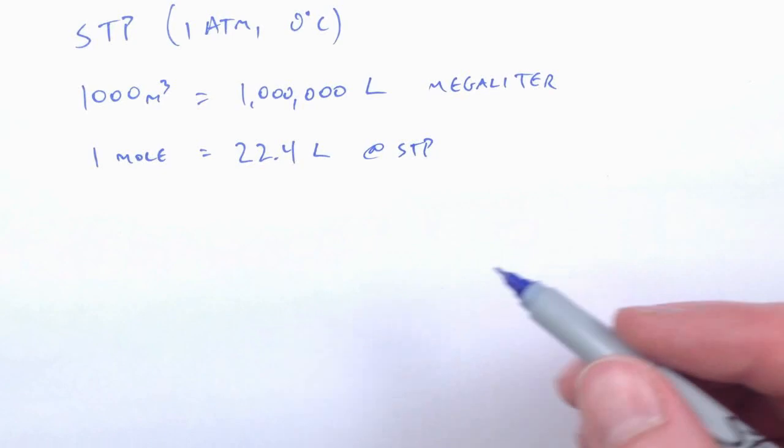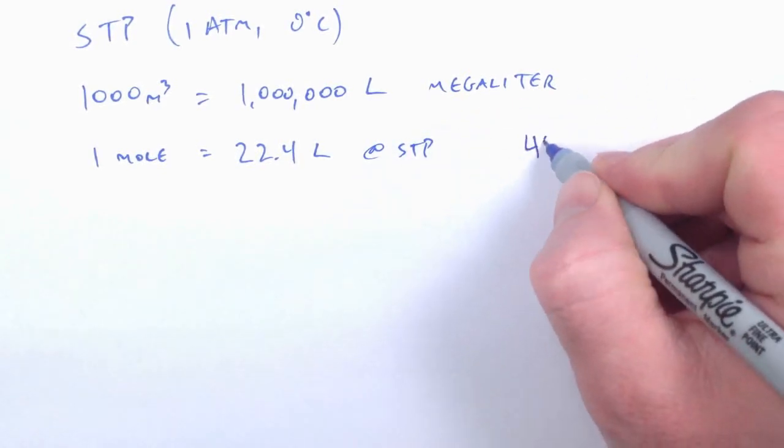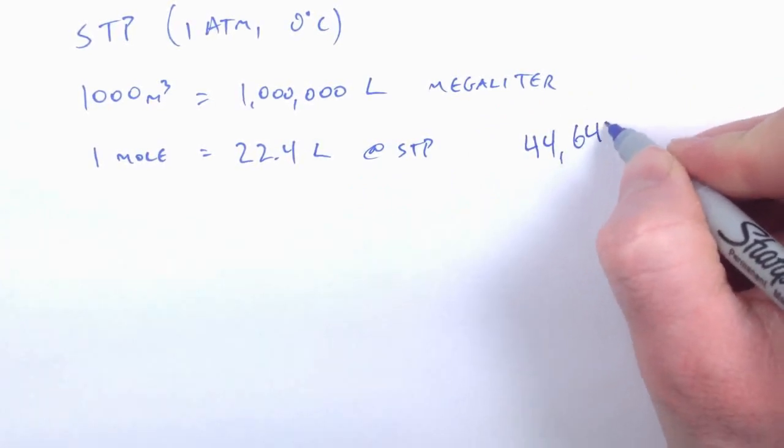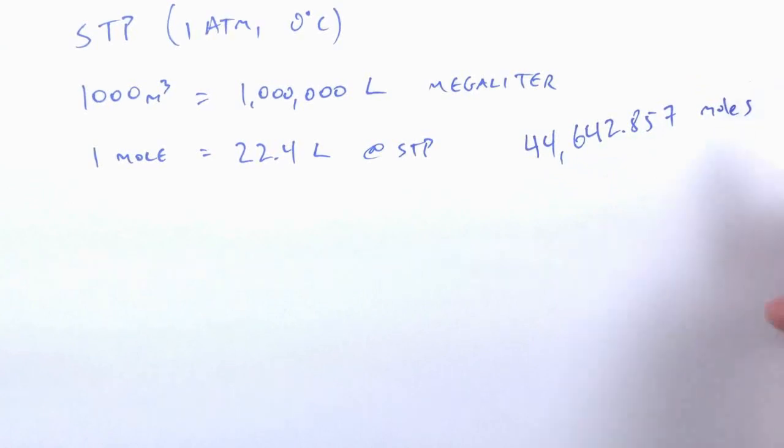Turns out that a megaliter of air is going to contain 44,642.857 moles of air.